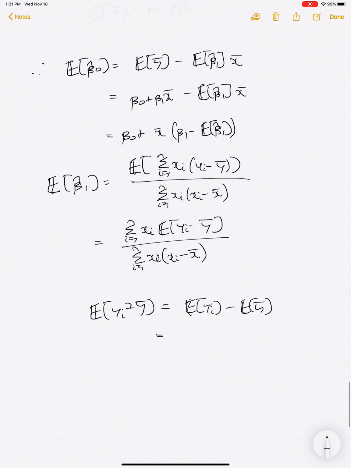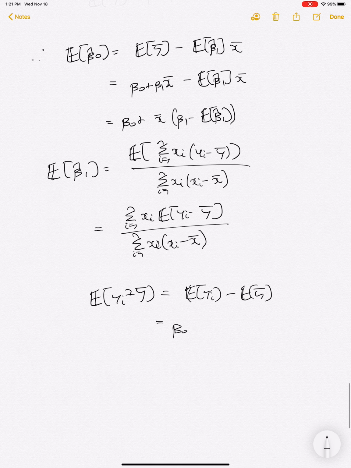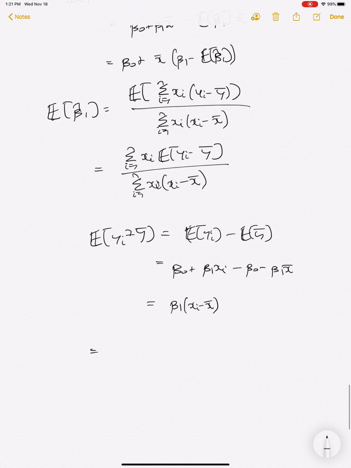And so that's going to be beta 0 plus beta 1 xi minus beta 0 minus beta 1 x bar. And so that's all just going to be equal to beta 1 times xi minus x bar. And so when you plug that in, this is just equal to beta 1 times the sum of xi times xi minus x bar over the denominator.